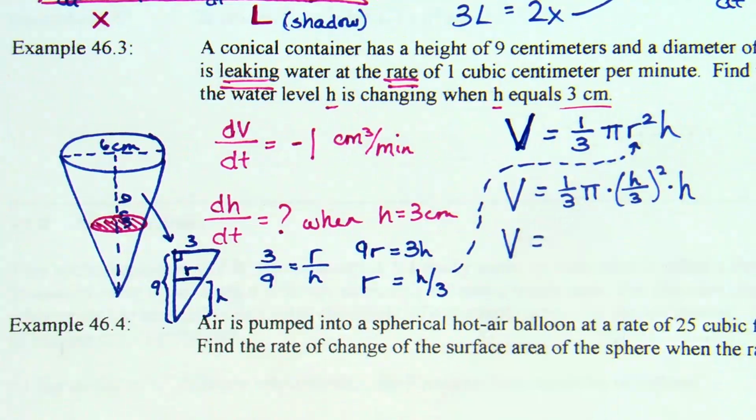Or actually what I'll do is I'll put the pi over the 27. Okay. Sorry. Are you with me here? We have the 1/3. The 3 squared makes it over 27. You can say 1/27 pi h cubed, or you can say pi over 27 h cubed.